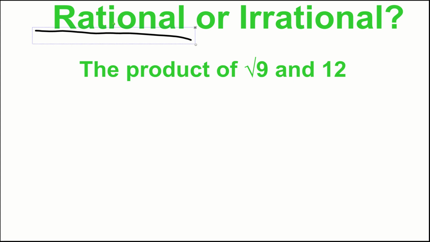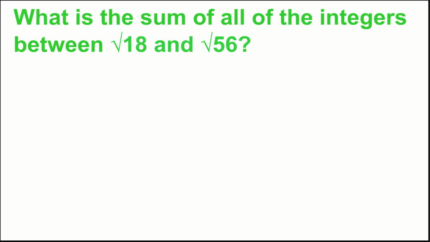Square root of 9 and 12. What's the square root of 9? 3. So I'm multiplying 3 times 12. 3 times 12 is 36. Is 36 rational? Yeah. So that's why that one's rational, okay? Basically, it comes down to, is that a square root we know, or is that not a square root we know? Right?